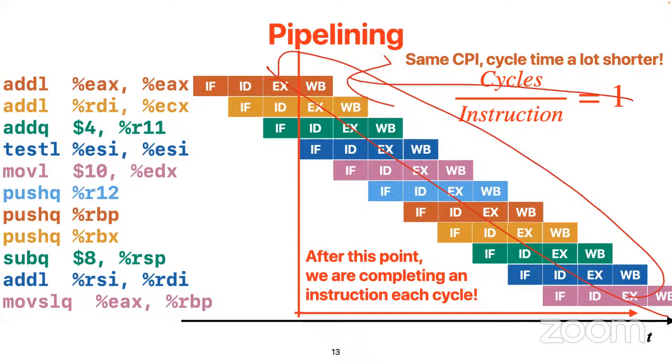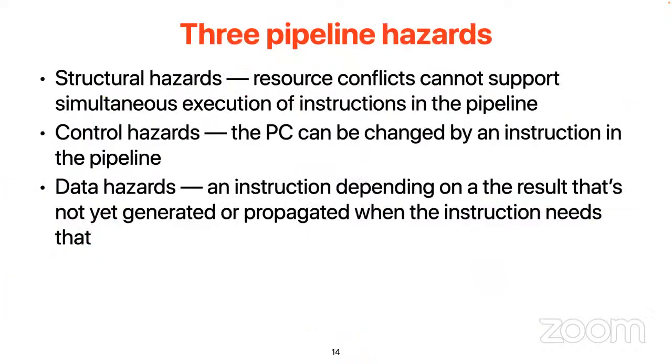However, this is just an ideal world. In reality, we have 3 types of pipeline hazards that are preventing us from reaching the goal of CPI equal to 1. These 3 types are structural hazards, control hazards, and data hazards. Structural hazard means that you have 2 instructions that want to execute simultaneously.